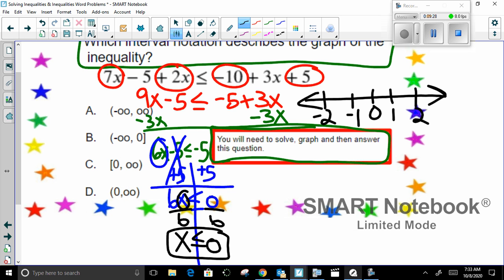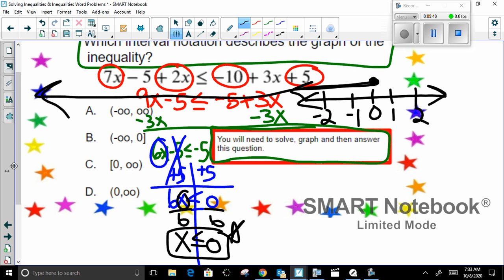All right, what kind of circle? If x is less than or equal to 0, a closed circle goes above to show that 0 is included, and the numbers to the left are less than or equal. How am I going to write it in interval notation? Remember, you start from your number that's furthest on the left. Well, furthest on the left, doesn't this thing keep going and going? What's the furthest it goes on that side?